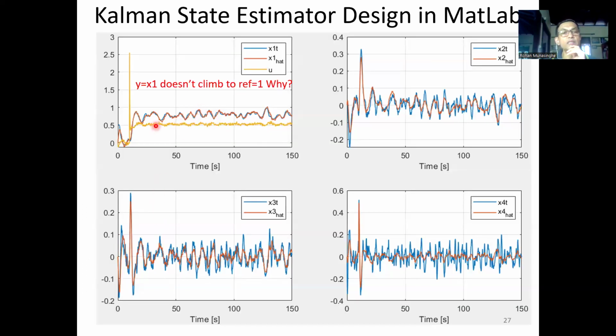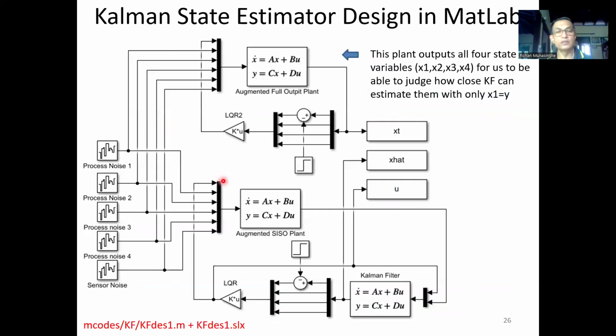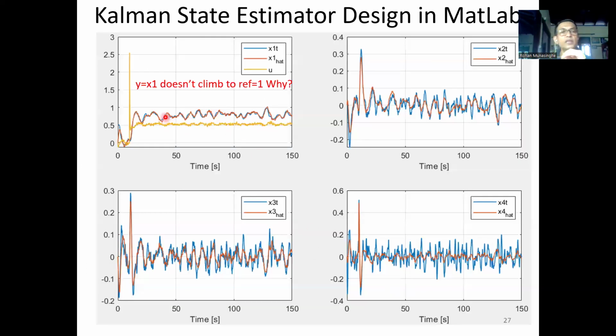And this yellow one is the control signal. It goes like that. The reference value is 1, and x1 is supposed to go to 1, but here you don't see it going to 1. It stays below 1.